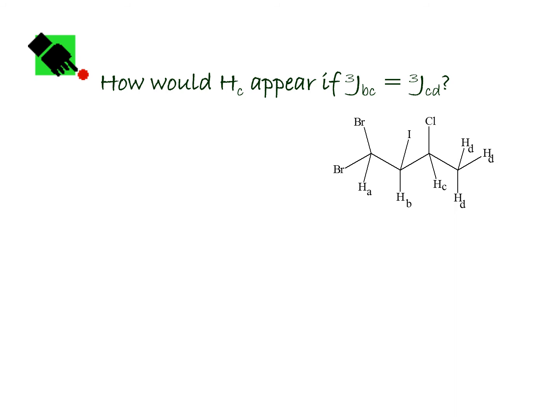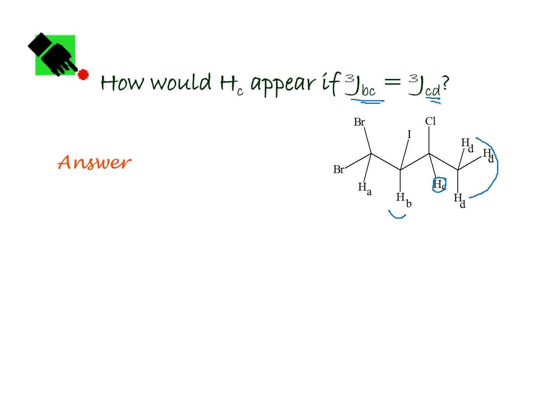But if these two couplings, J BC and J CD, happen to be equivalent, HC will see the 3 HD and HB as equivalent. So HC will see its neighbors as 4 equivalent, 4 plus 1, 5.